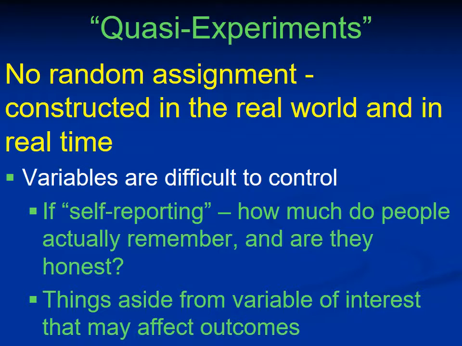And then, of course, there are other things that could be affecting, say, in your pregnancy and alcohol example, other things that might be affecting the baby's health outcome, like nutrition of the mother, the quality of prenatal care the mother got, or other background pre-existing characteristics of those moms just aside from their alcohol intake.